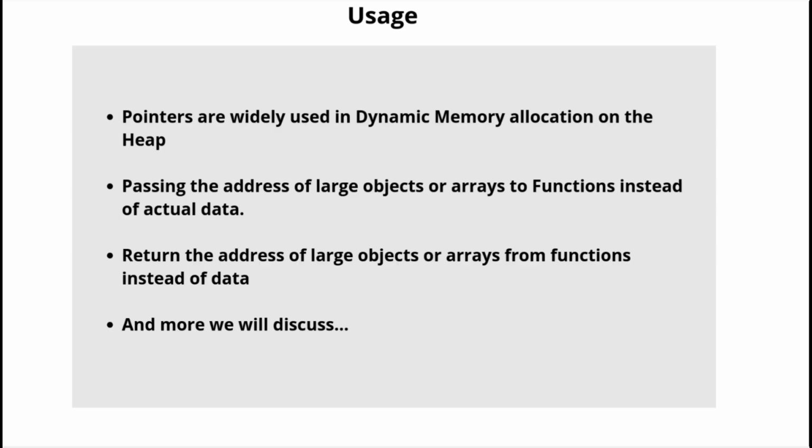Similarly, from a function you can create an array which is the result of your function, and instead of returning the whole array or whole object, you can return a pointer to it. There are a lot of advantages we'll keep discussing in this tutorial.